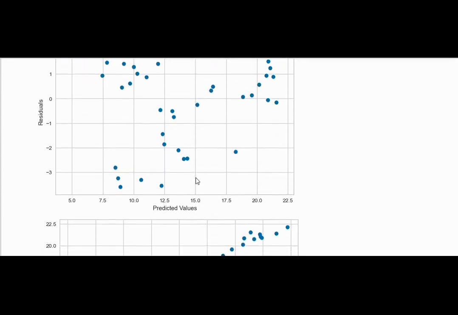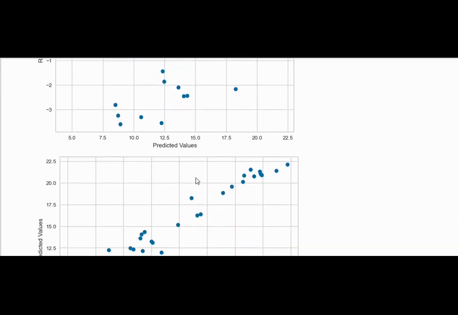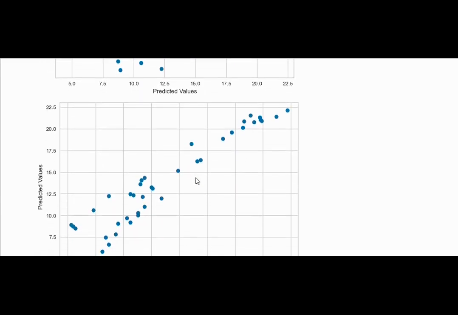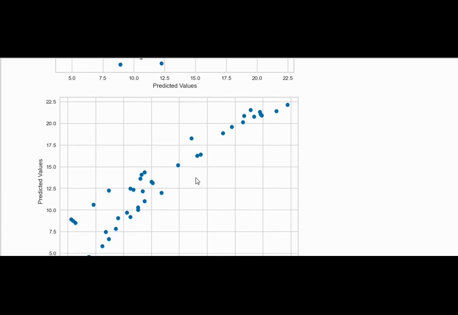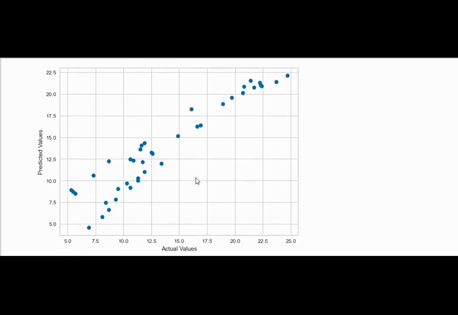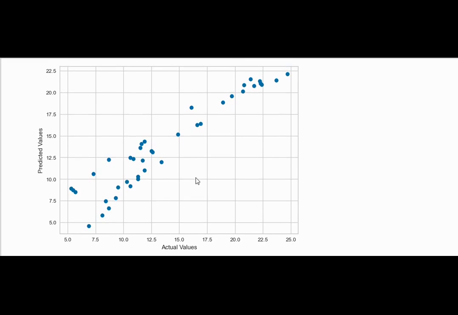The next scatter plot is between the actual values and the predicted values. This plot helps to evaluate the model's performance by checking if the points are closely aligned with the 45-degree line, which indicates that the model is accurately predicting the actual values.